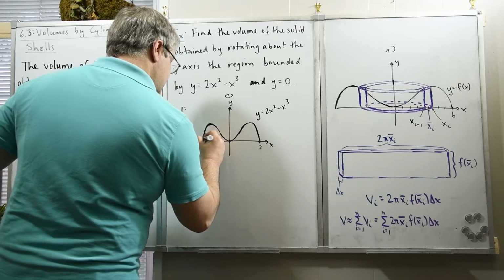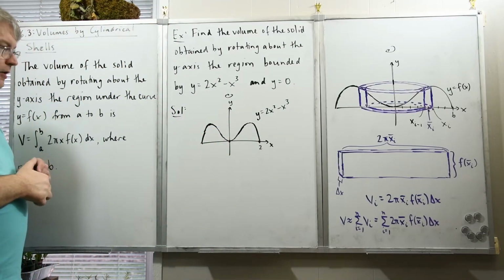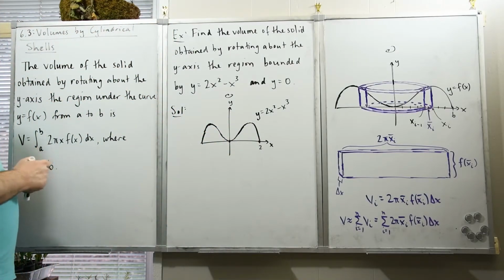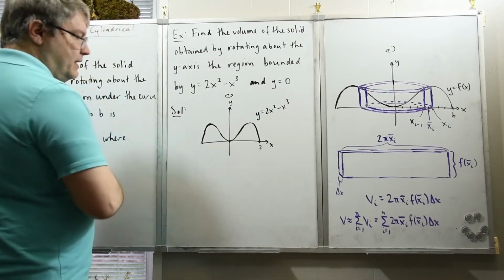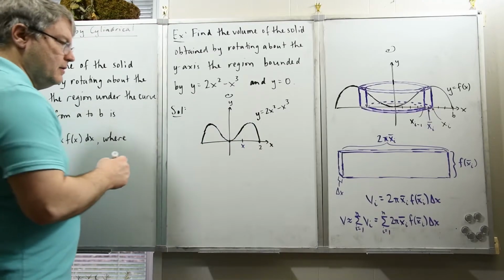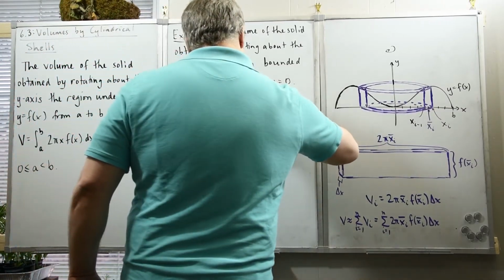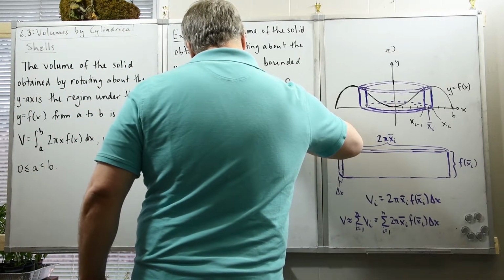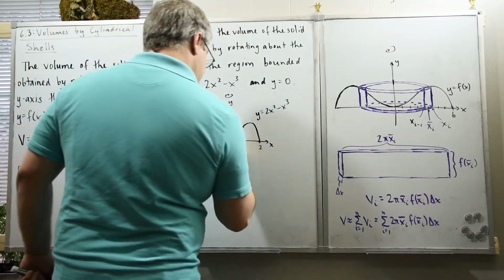What we're really interested in figuring out is what a typical shell is going to look like. So I choose some sort of x value from 0 to 2. Maybe the x value is sitting right there. And I draw a shell.